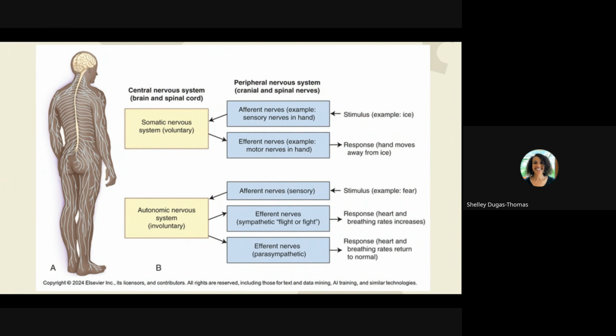Notice how the autonomic splits into sympathetic, fight or flight, and parasympathetic, rest and digest. Remembering these functional divisions will help you understand drug classifications later, such as sympathetic medications and parasympathetic medications.